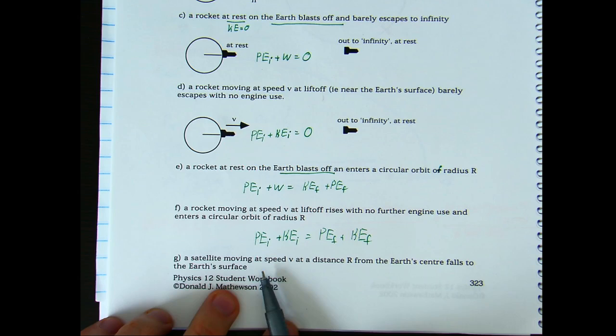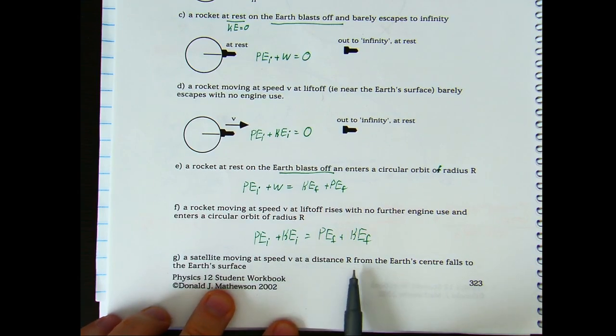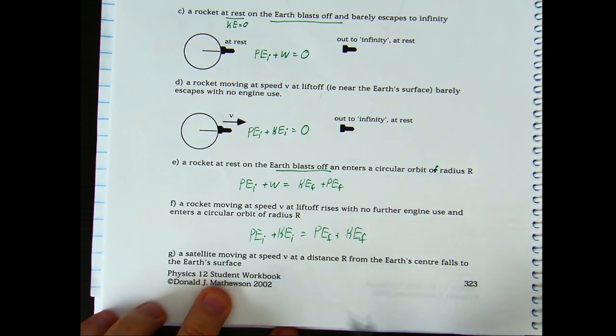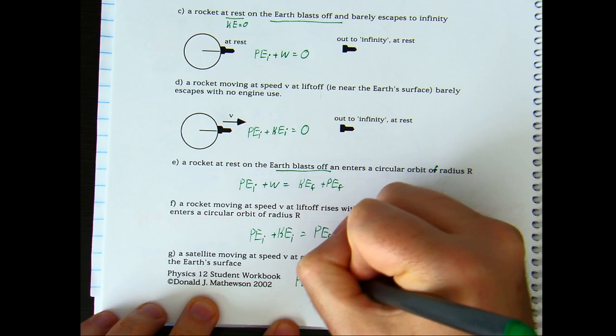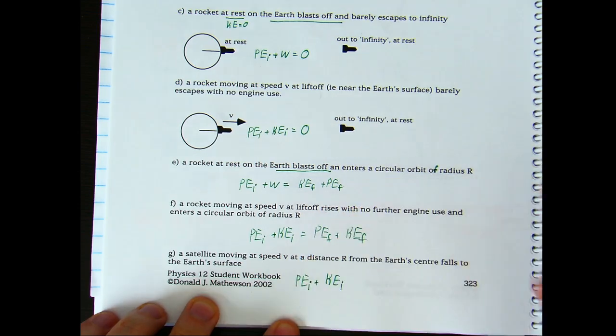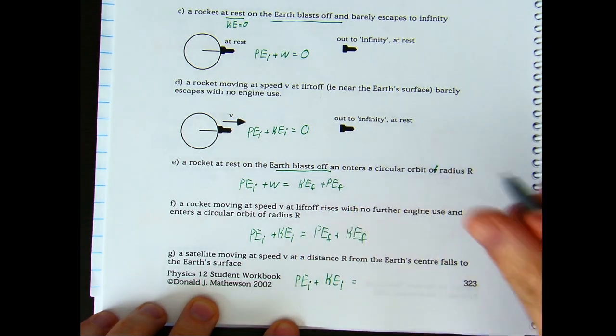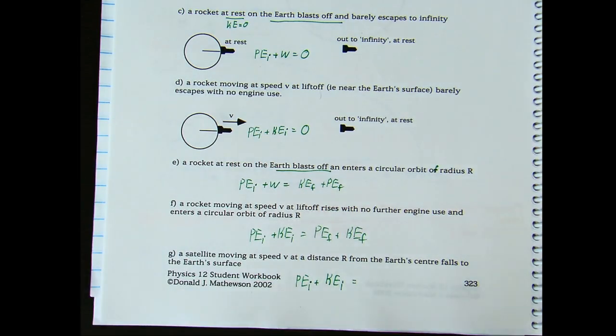And then we've got a satellite moving at speed v at a distance r, and it's falling back to the Earth's surface. So for this one, we've got potential energy to start, we've got kinetic energy to start, and it's falling, so there's no work being done here. It doesn't talk about air resistance or anything.